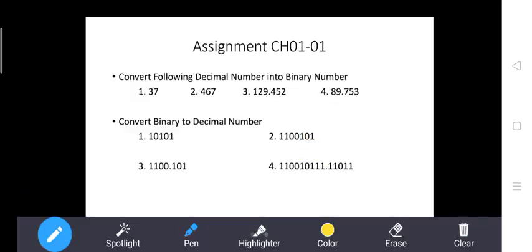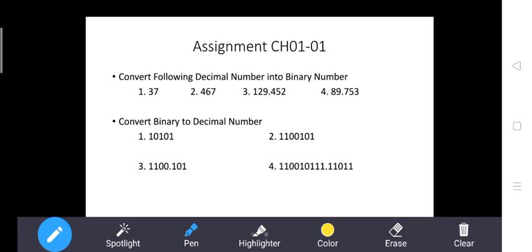So this is assignment number 1 for chapter 1. The first question is to convert the following decimal numbers into binary numbers. I gave four numbers: 37, 467, 129.452, 89.753.